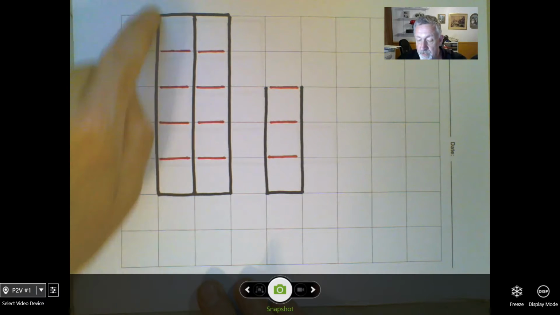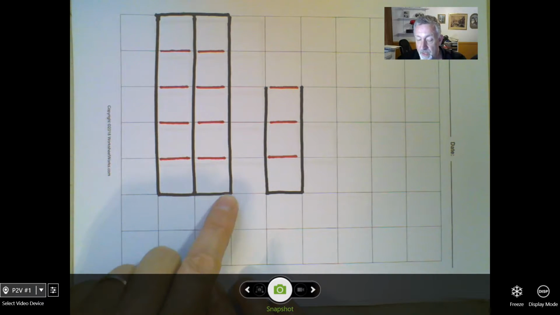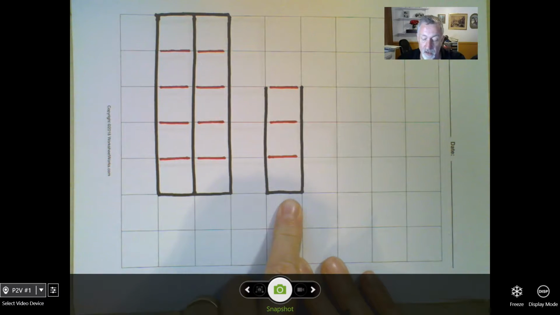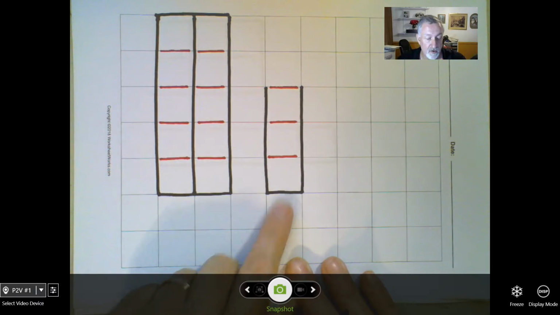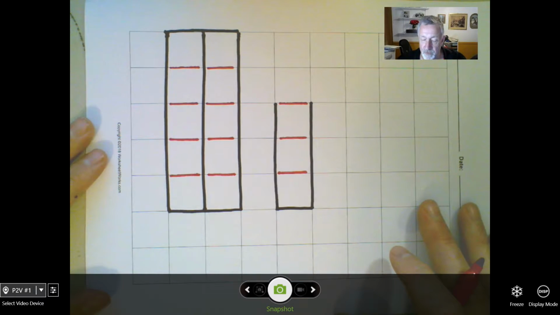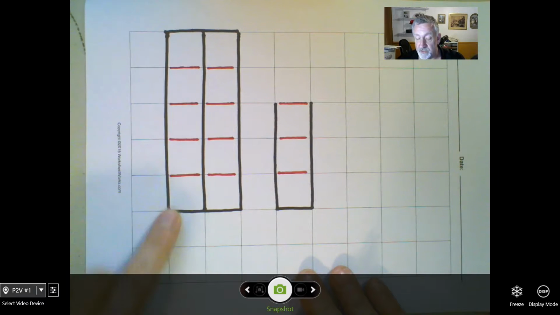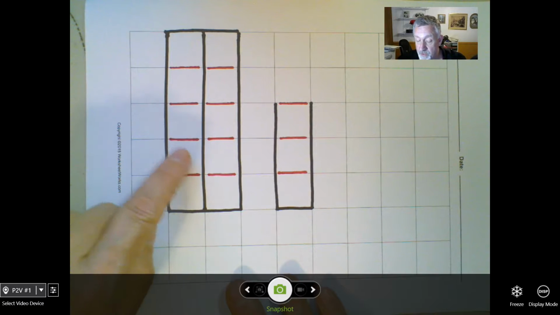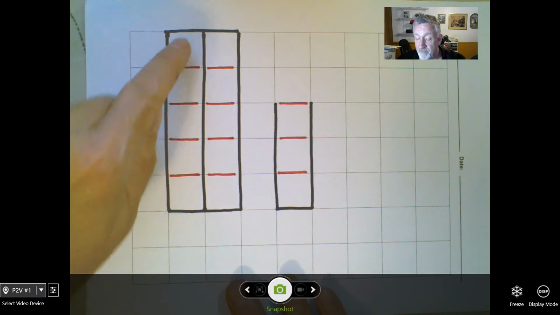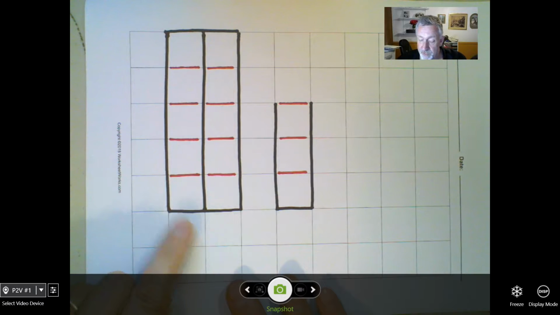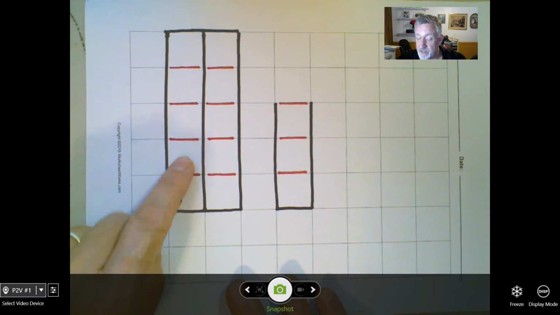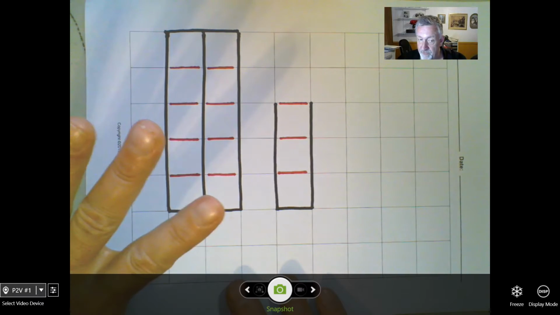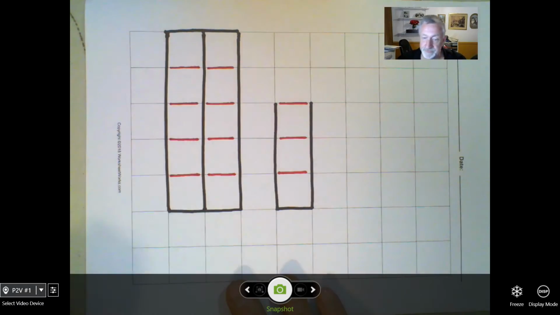Here I have 1 whole bar and another whole bar, and I have a part of a whole that is represented right here. If you look at this first whole bar, you'll see that it is divided into 1, 2, 3, 4, 5 pieces. Each one of these little squares represents 1, our numerator, out of 5, our denominator.